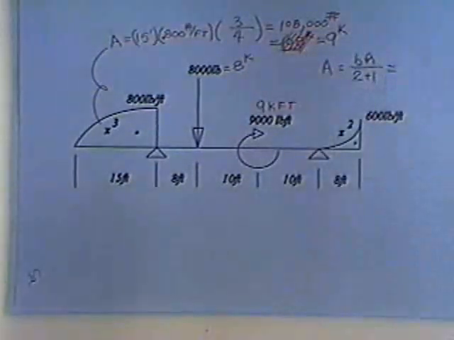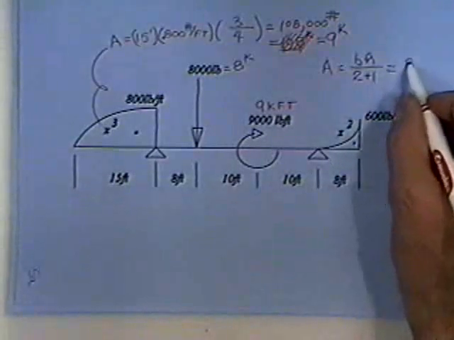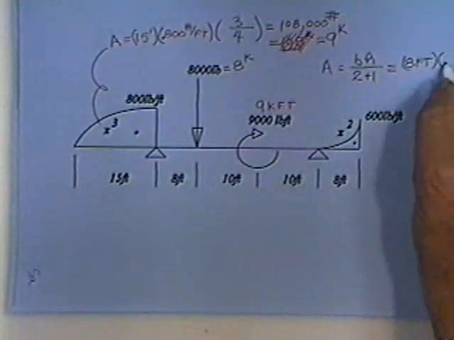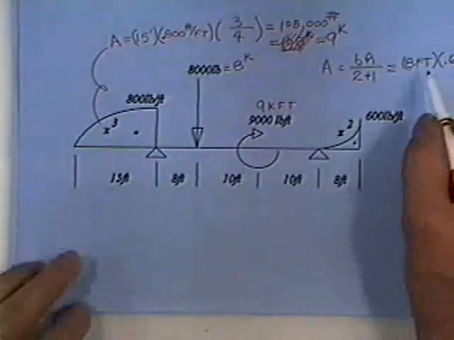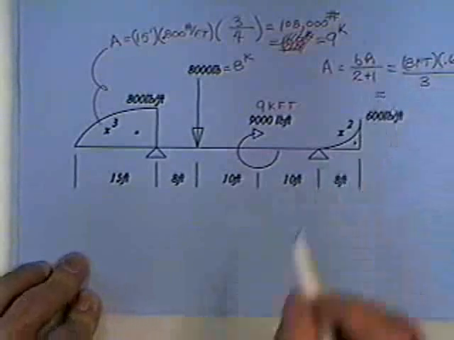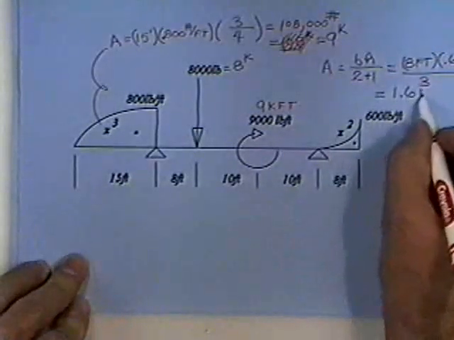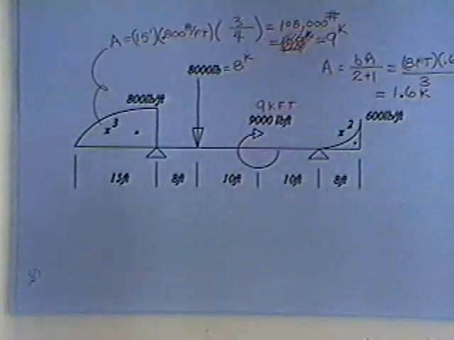So the amount of load under the skinny parabola is 8 feet times the height, 0.6 kips per foot, divided by 3. 1.6 thousand pounds of load. 1.6 kips.